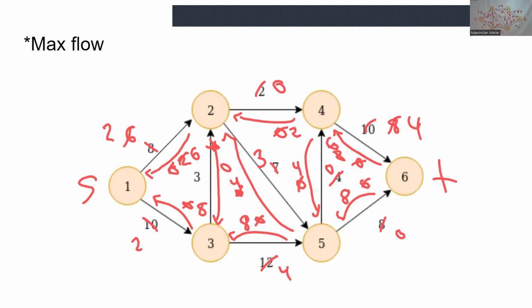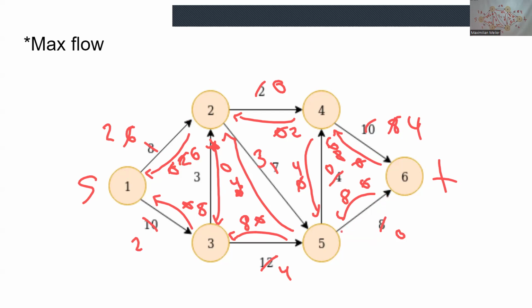So what do we have at this point? We have 8 here and 6 through here. And here's an interesting thing: this edge is fully saturated. Coming into T, we want to see, is there any other way I can flow more into T?